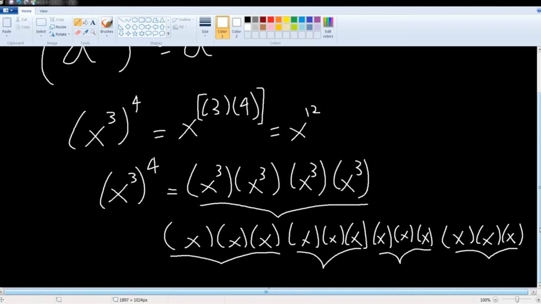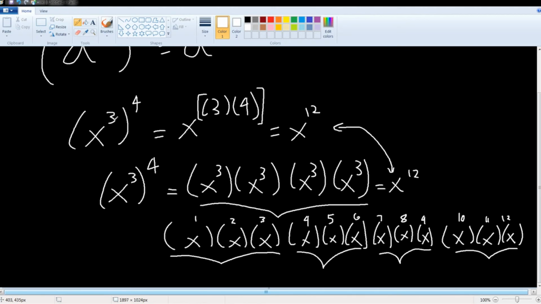And as you can see, how many x's do we have? We have 1, 2, 3, 4, 5, 6, 7, 8, 9, 10, 11, 12. So this is x to the 12, which obviously agrees with the formula that we have written.